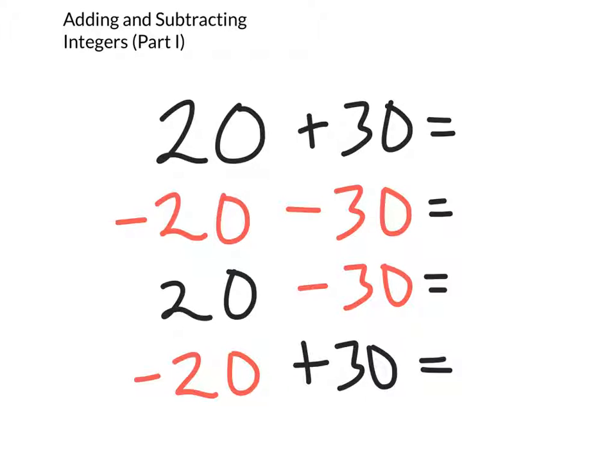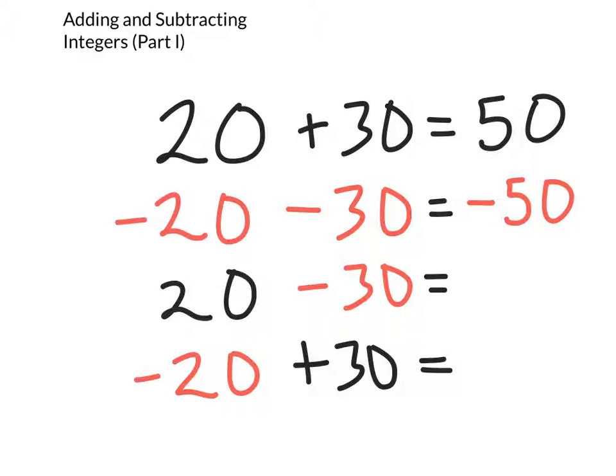These guys are all friends. They're all on the same side. They're going to end up with simply a positive 50. Same goes for the second scenario. I have 20 negatives and 30 negatives. They're all on the same side. They're all friends. There's simply going to be 50 negatives.